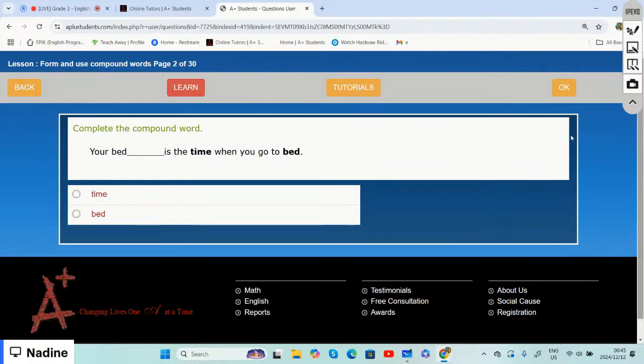All right, and we can then say your bedtime, option one. So your bedtime is the time when you go to bed.